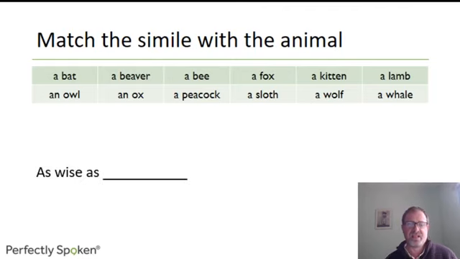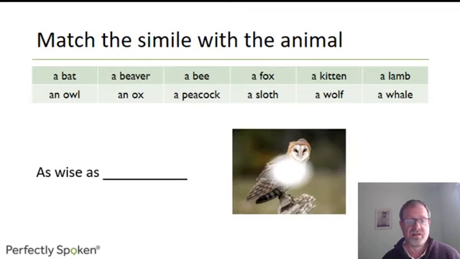As wise as. Which animal is associated with being wise? Wise meaning having knowledge through experience and being able to make good decisions and so on as a result. And the answer is this animal, an owl.